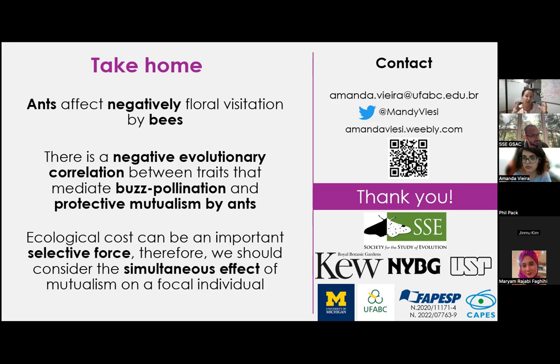If you have a lot of predation, you would expect a stronger defense system. But if you have a larger diversity of potential pollinators, maybe the costs for the plants are reduced?